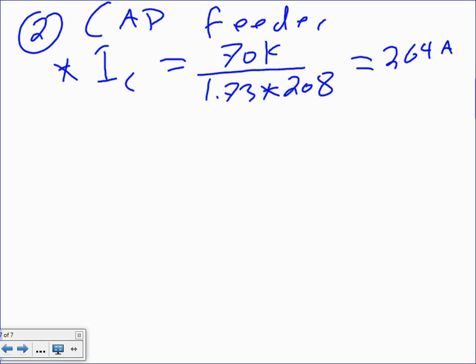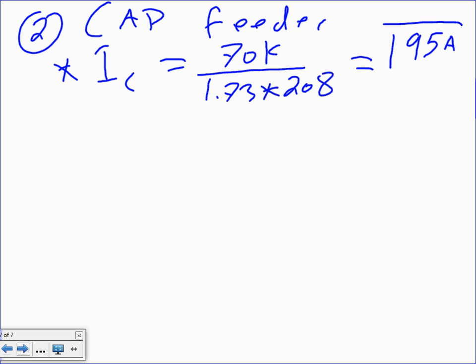You guys are right: 70,123 divided by 208, divided by 1.73 equals 195. You are absolutely right, gentlemen. 195.